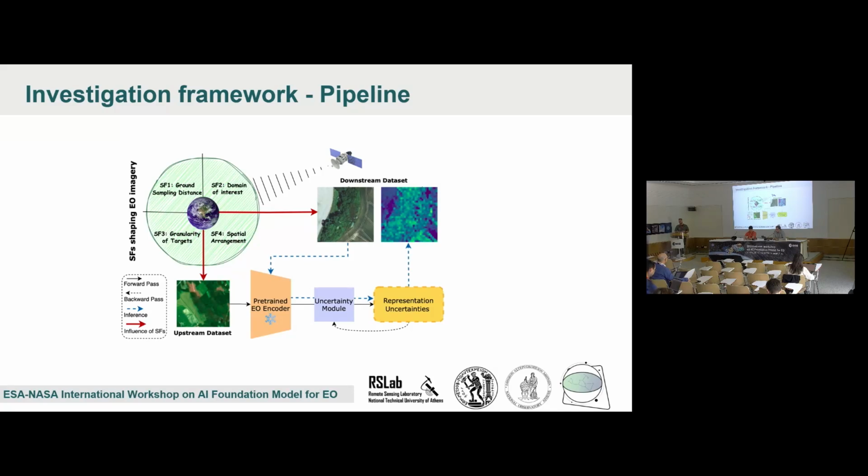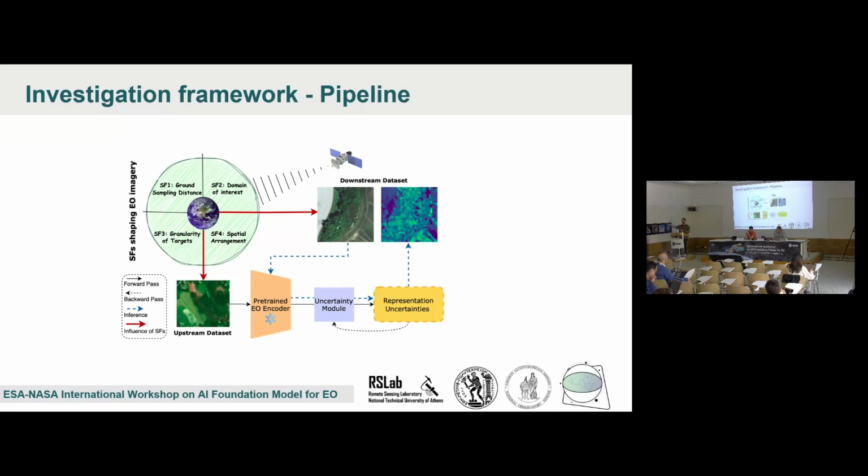if we really want to investigate the applicability of such representation uncertainties in the domain, we have to tackle the problem in each of these nuances. So we defined 4 semantic factors that shape this imagery, like ground sampling distance, that gives you the expected level of detail in the imagery, the domain of interest that gives you some thematic concepts that would exist in the imagery.